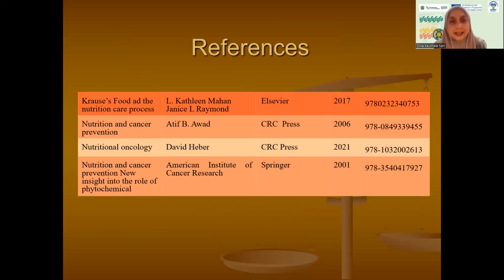From the references, you can read Krause's Food and the Nutrition Care Process or other books such as Nutrition and Cancer Prevention, Nutritional Oncology, or Nutrition and Cancer Prevention: New Insight into the Role of Phytochemical. You can also use references from journals and previous articles about nutrition and oncology that will add more information about this topic.